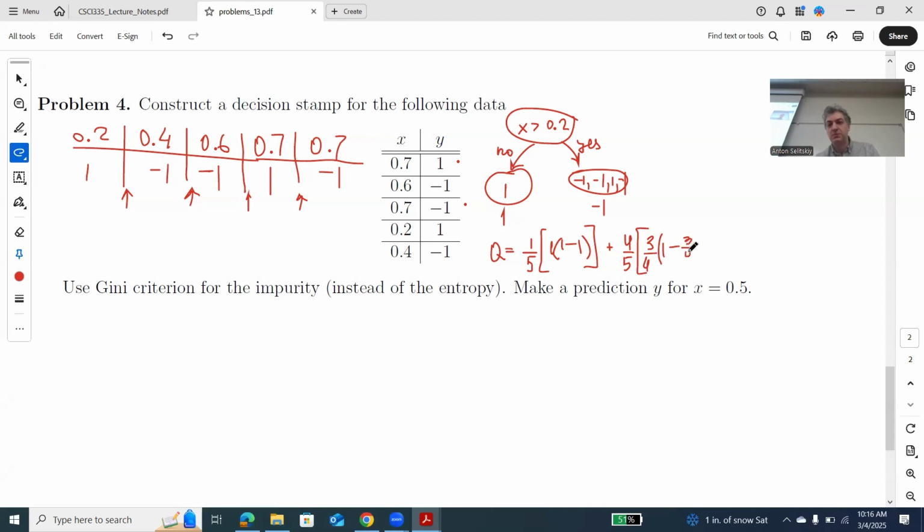Plus the Gini criterion for the positive class. The probability of the positive class will be 1/4. And as you can see, these numbers will be the same. Oh, sorry, 1/4, because 1 minus 3/4 is 1/4, and 1 minus 1/4 is 3/4.